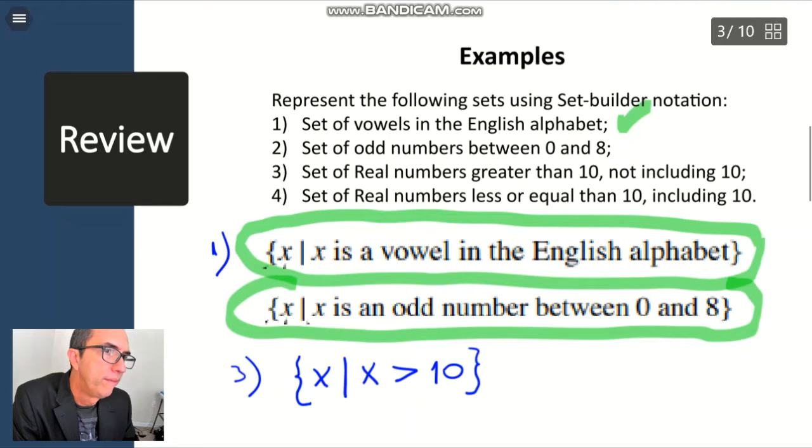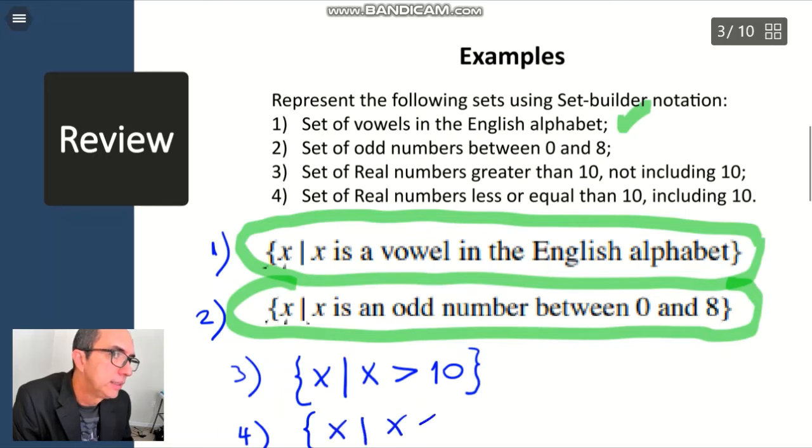And number 4, set of real numbers less or equal than 10, including 10. X such that x is less or equal than 10. When you say less or equal, you are including 10.